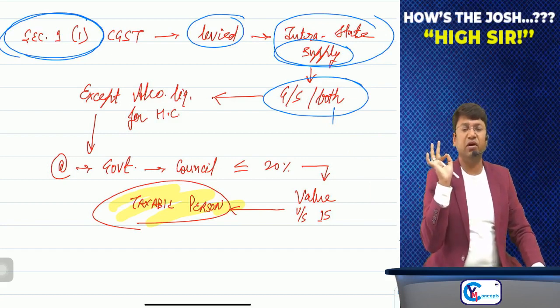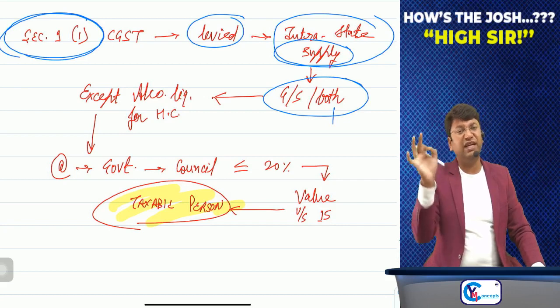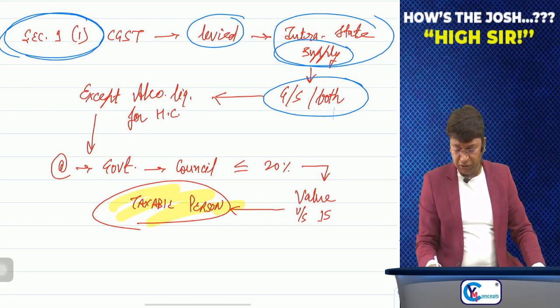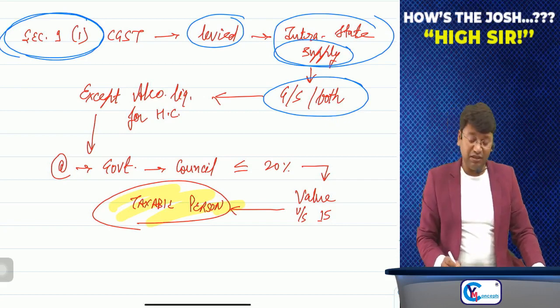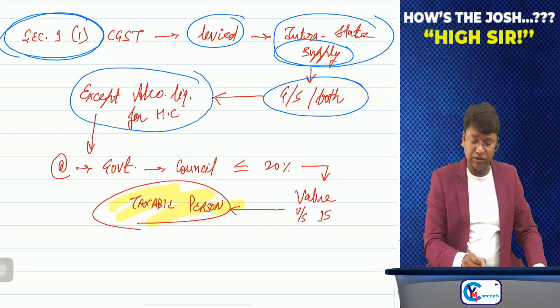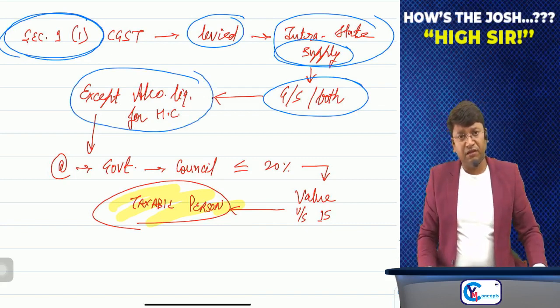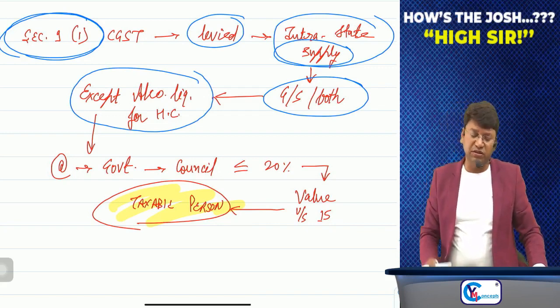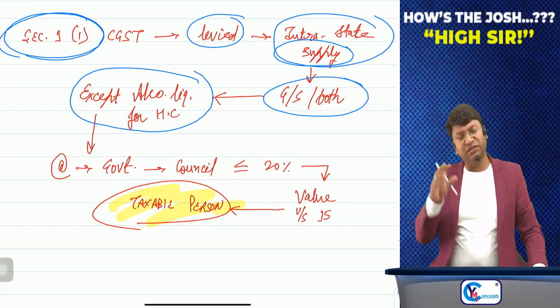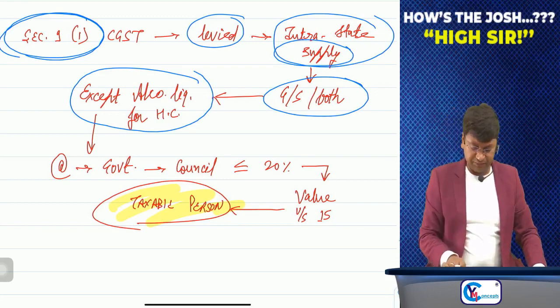So CGST will be levied on intrastate supply of goods or service or both, except alcohol liquor for human consumption, the logic of which is already discussed by me. Other than alcohol liquor for human consumption, GST will be levied on all goods, but some goods are also mentioned in subsection 2, which we will discuss afterwards.